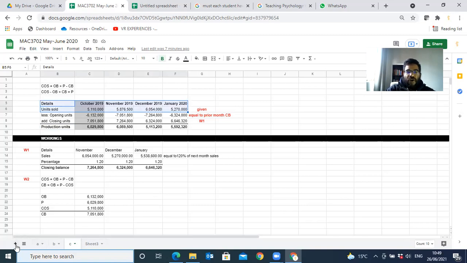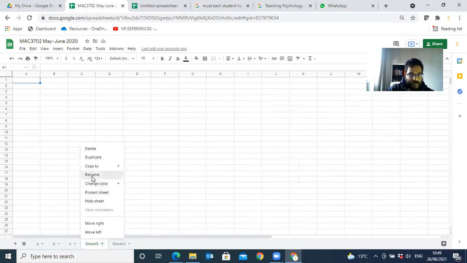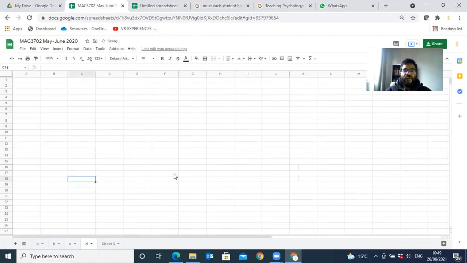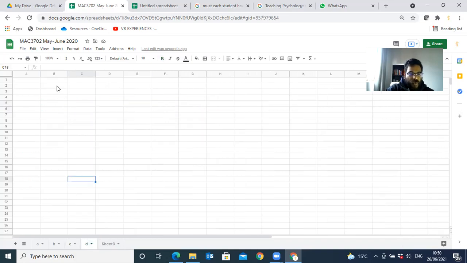So now let's go on to part D. Part D is basically a cash budget. They want the same dates. A typical way to work out a cash budget would be as follows.